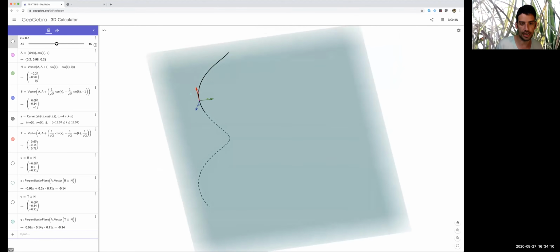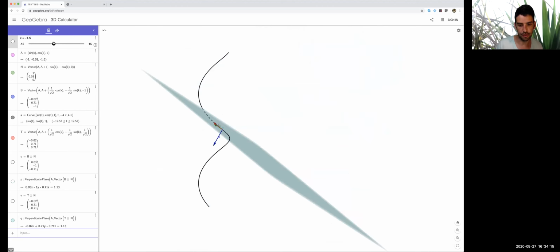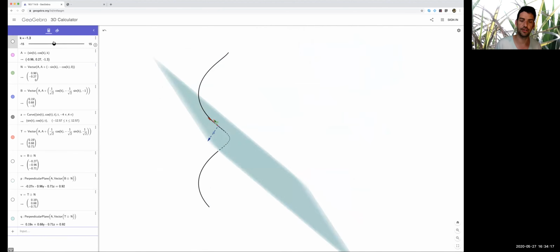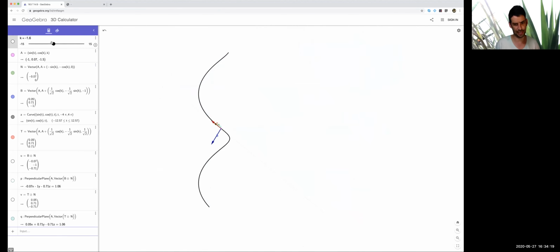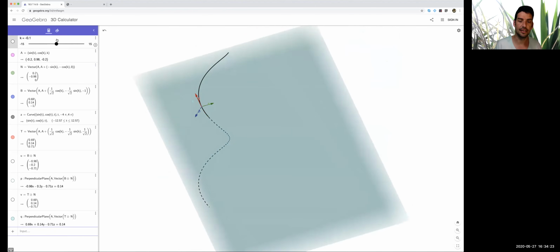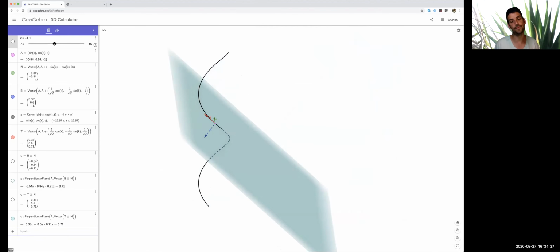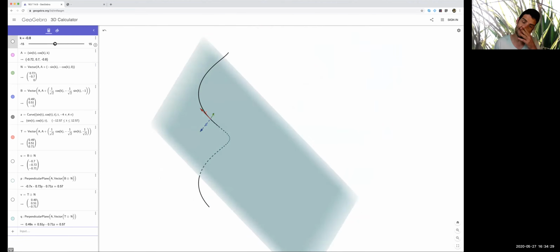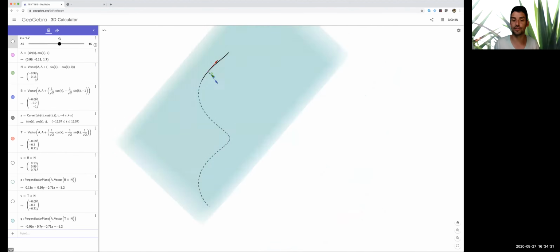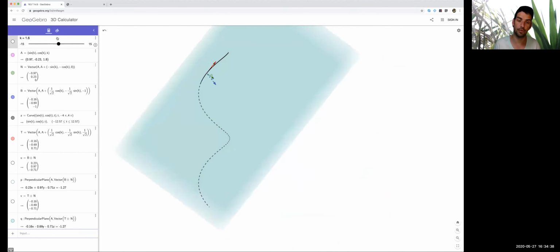There's a plane right now that contains the tangent and the normal vector, and the binormal vector is a normal vector to this plane. So this is the plane that contains T and N, and it moves around with them as it goes. This is the plane that comes closest to containing the curve at whatever point we've moved to, right?